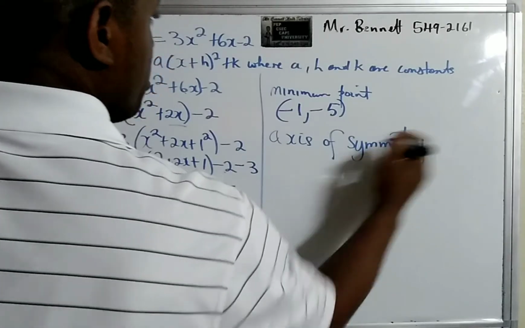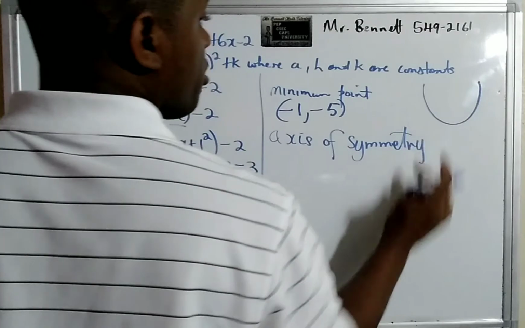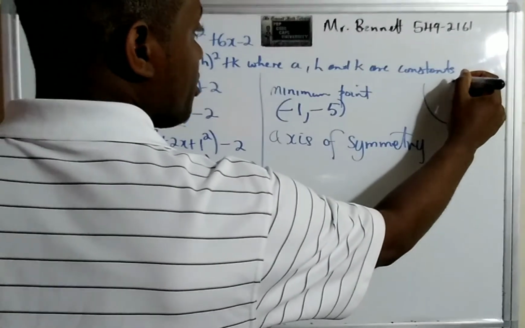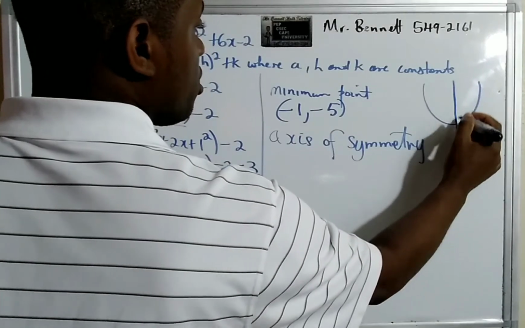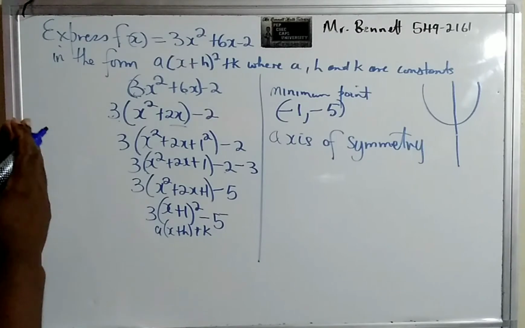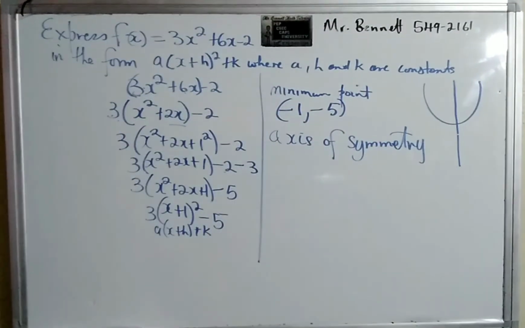This is a curved graph, a quadratic graph. What they're asking for is the equation of the line that cuts the graph into exactly two identical halves, so when you fold it together, it becomes one. That's what they call symmetry.